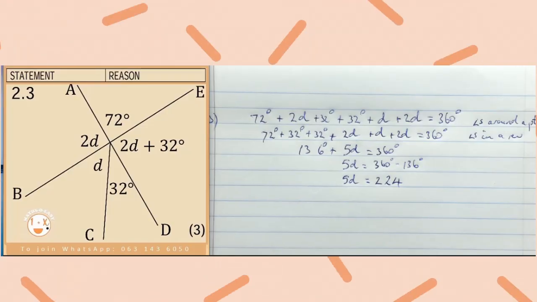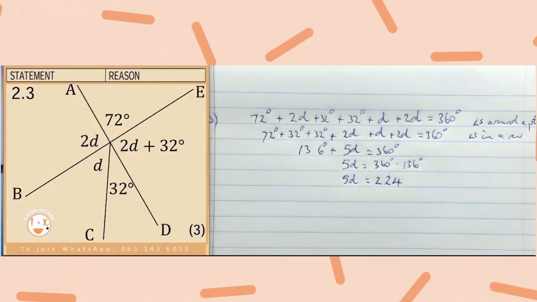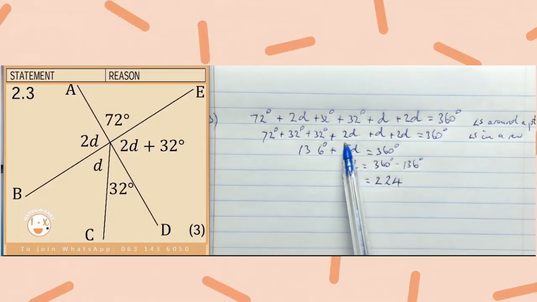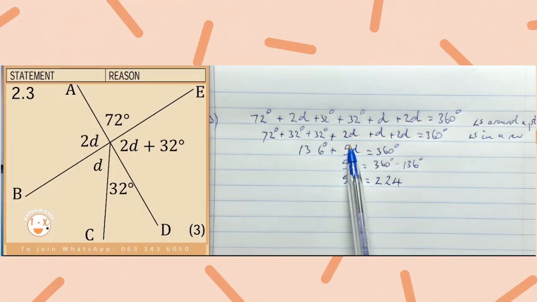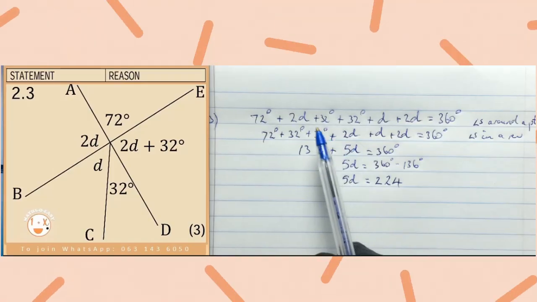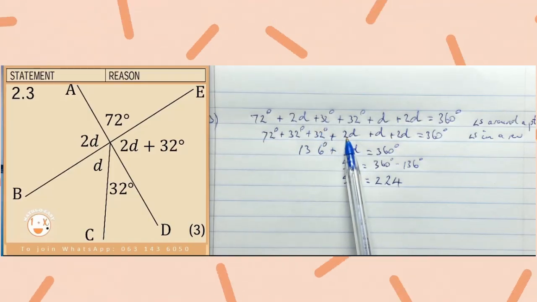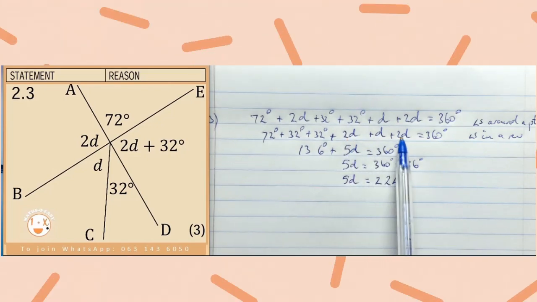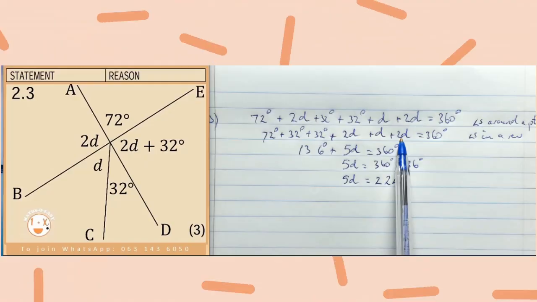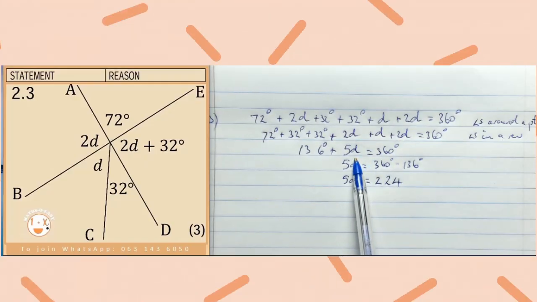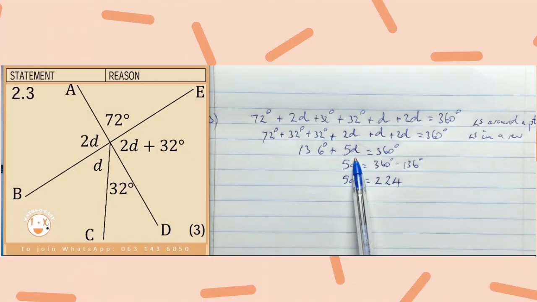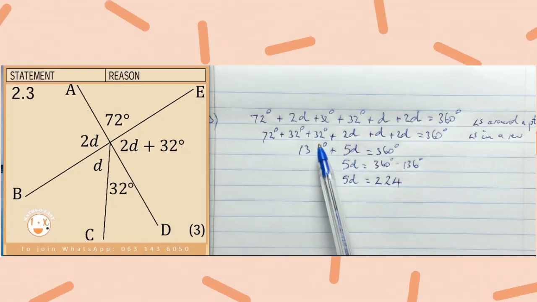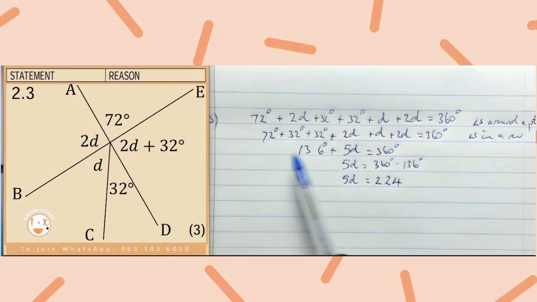Did I copy the D's correctly? I did. I've got a 2D that goes along with the 32. Then I have a D that goes on its own, and another 2D that goes on its own. All of them give me a 5D, and my numbers give me a 6 if I take those two. So I don't think I made any mistakes.